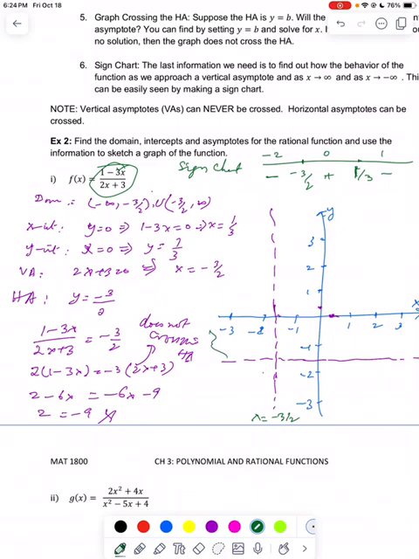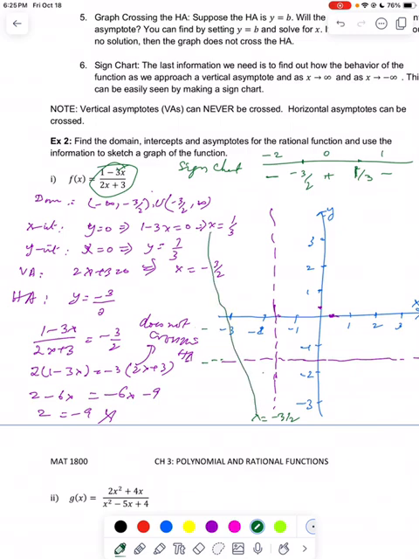So how would it be? Will it be coming like what? Well, we have our horizontal asymptote over here, and we just found the graph doesn't cross the horizontal axis in this case. So you cannot be coming like this, or coming from up here like that. So how will it be?